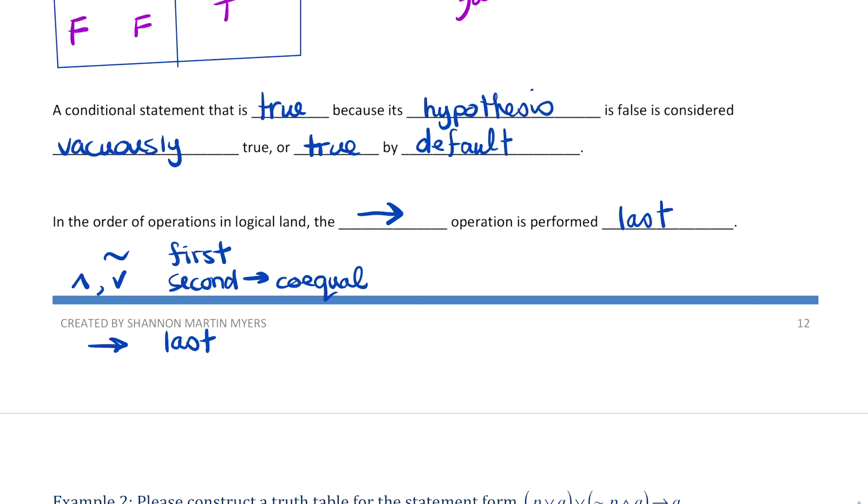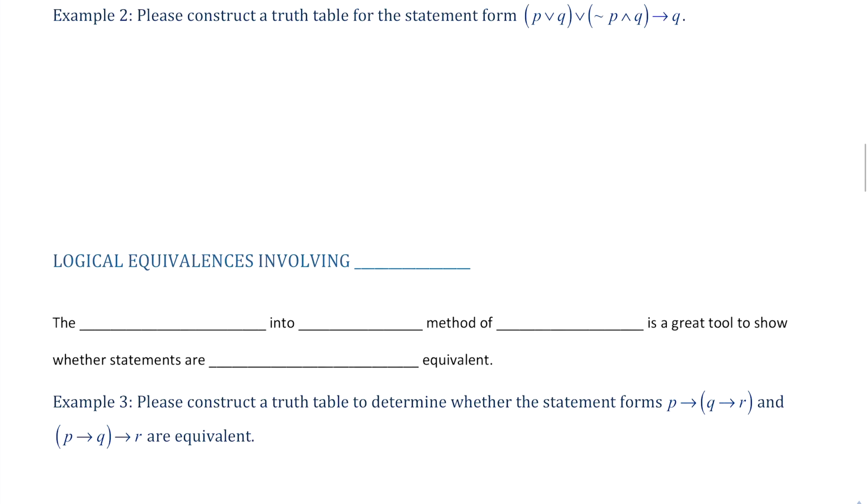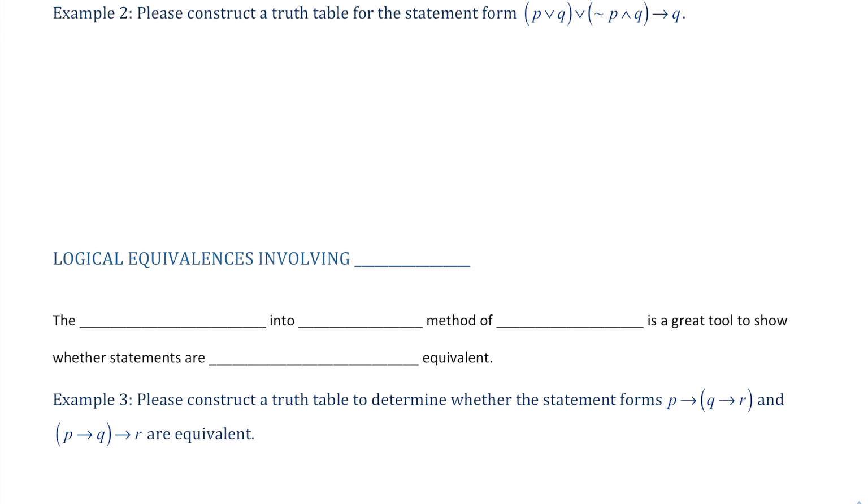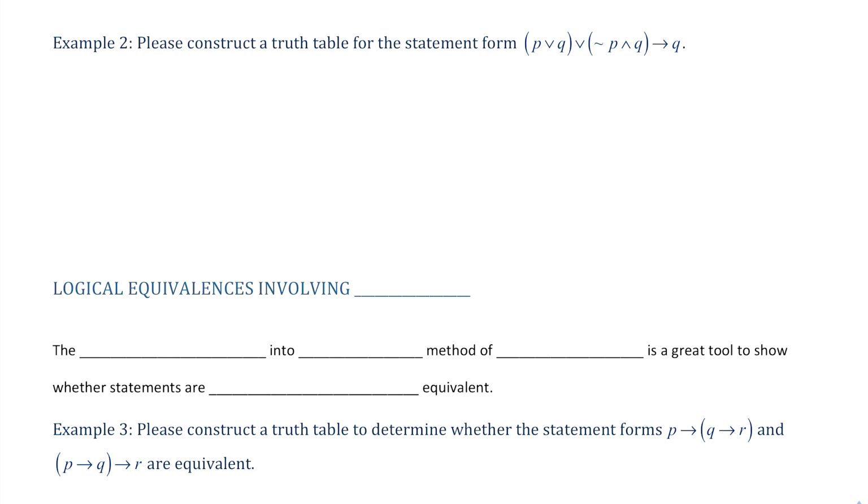Groovy? All right. So in example 2, let's construct a truth table for the statement form P or Q or not P and Q implies Q. So we've got our P, Q. So let's think about what we need. We are going to need P or Q, and we will need not P, and then not P and Q. So let's do this.